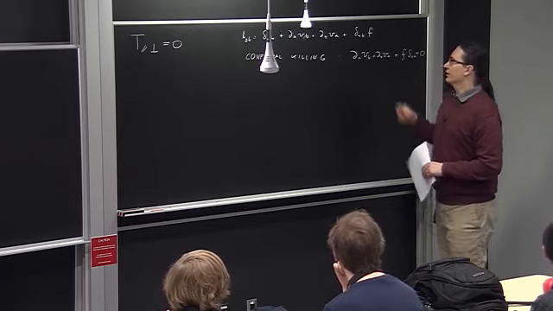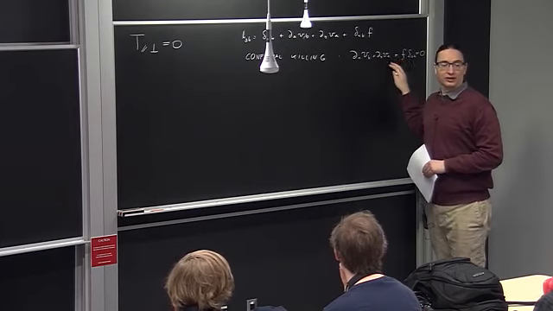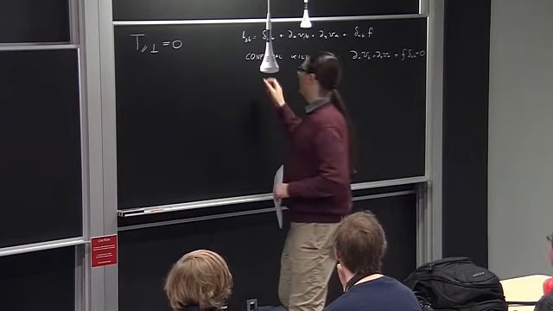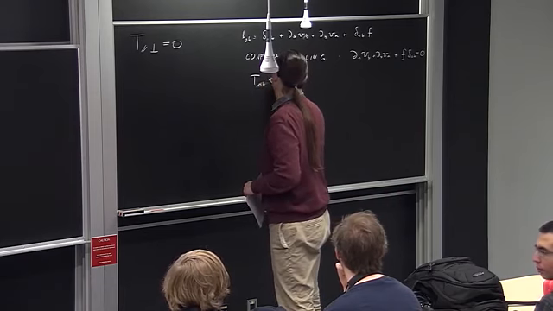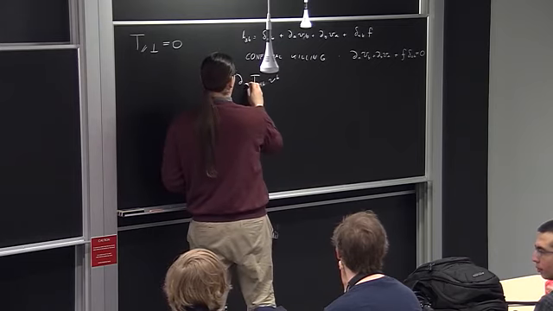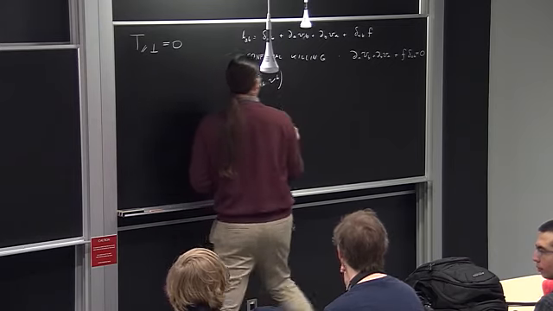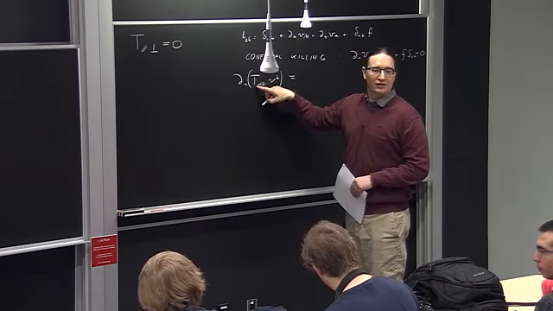So you can write down a conserved charge and a conserved current for these transformations, which is just T^{μν} V_ν, or T_{AB} V^B. Why? Because if I do the divergence of this current, I get two terms. I get the divergence of the stress tensor, it vanishes.